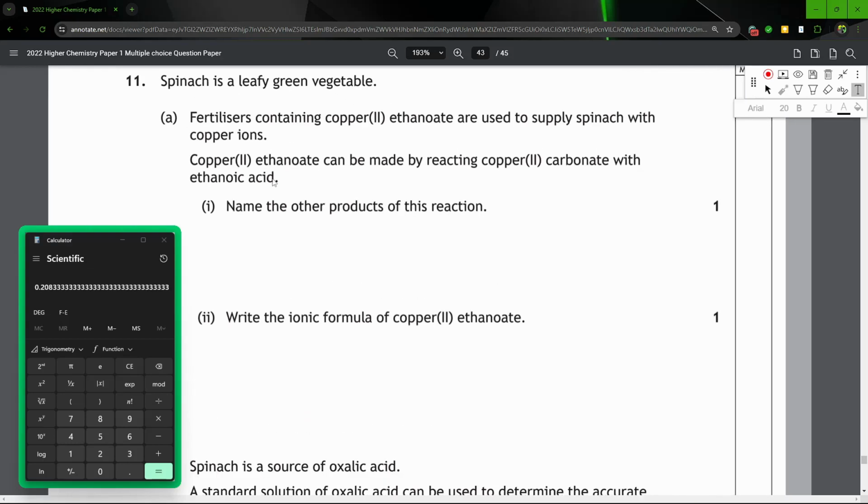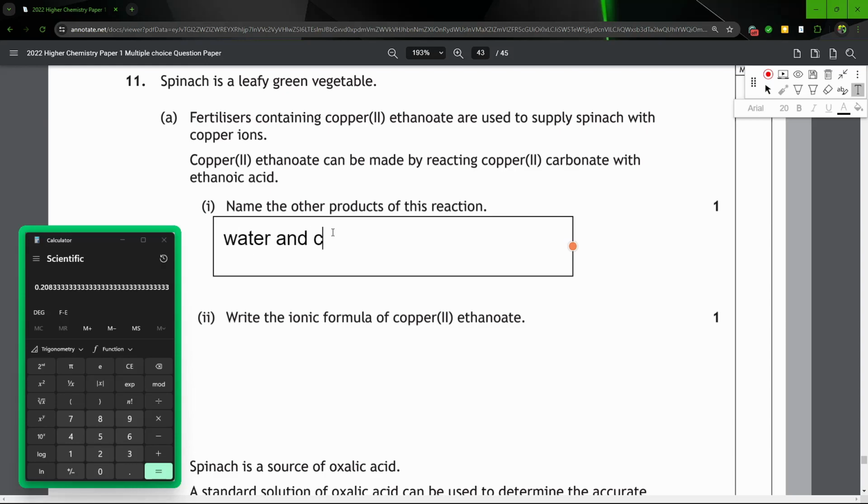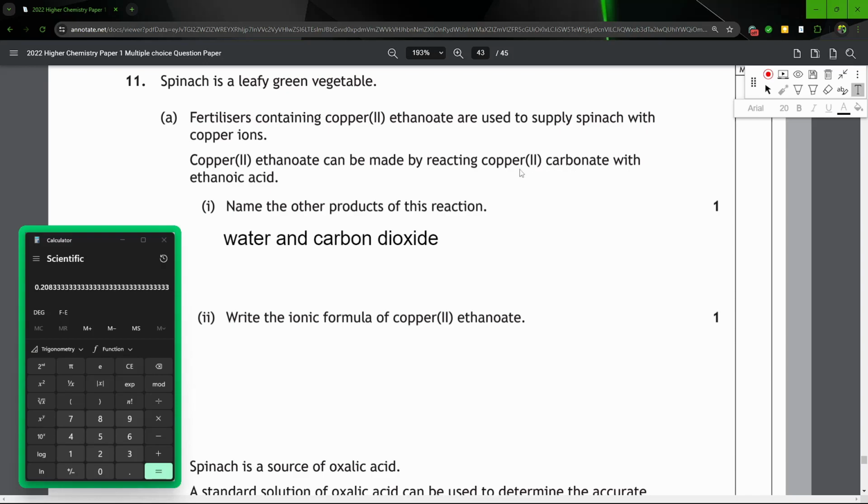So copper-2 ethanoate can be made by reacting copper-2 carbonate with ethanoic acid. Remember when I say that if you don't know what the products are, just say water and other products, so it would be water and carbon dioxide. But why is that? That's because you're reacting a salt with an acid.